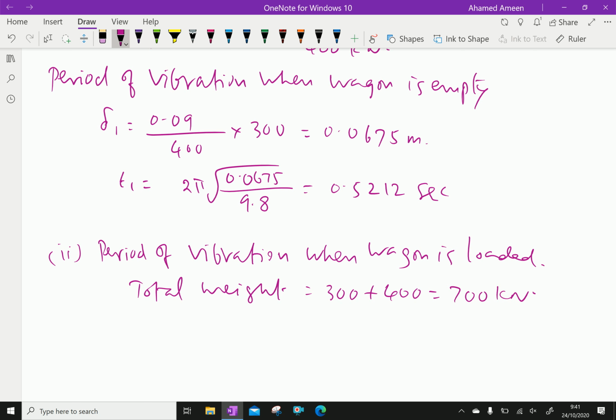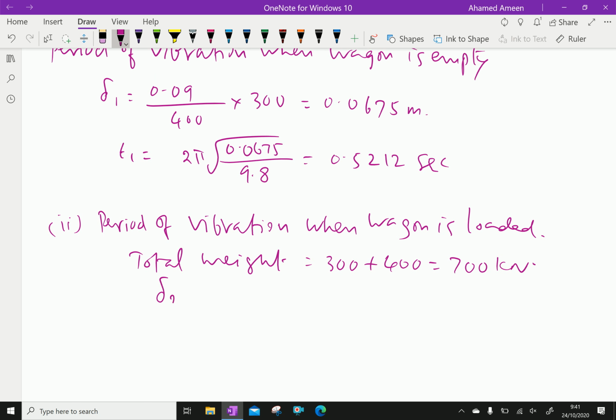Now delta 2, deflection at this condition is 0.09 over 400 into 700, which gives 0.1575 meter.